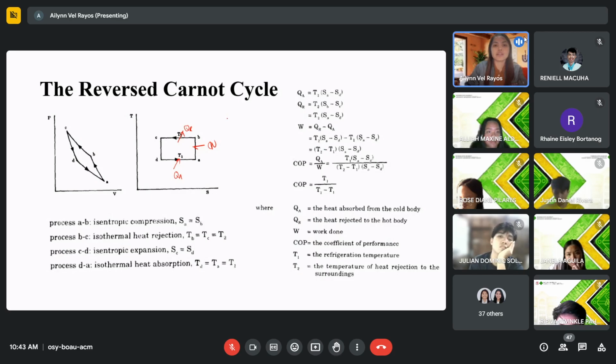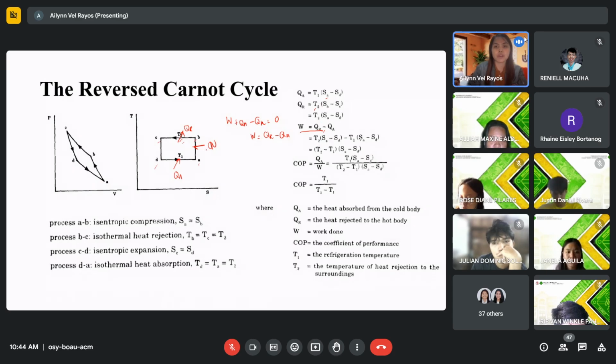So if we have an energy balance, work comes in, QR goes out, QA comes in, so work is equal to QR minus QA. QA is our heat added, which is T1 multiplied by delta S, so SA minus SD. Here, QR is T2 times SB minus SC.